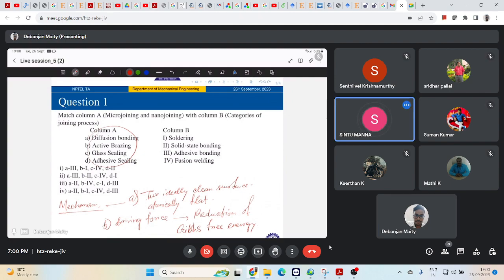Sir, option 4. Let's see. Option 4. Diffusion bonding is, yes, diffusion bonding is solid state bonding. Then you have active resin, which is actually this should be resin minus 10.